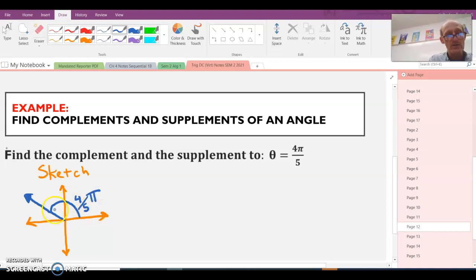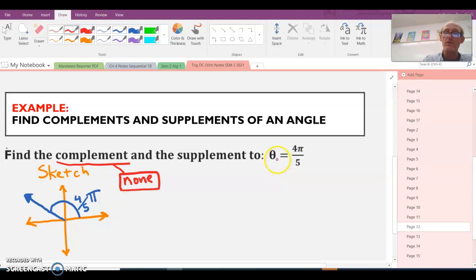Then what you do is look at the complement first. Now, complements add to 90 degrees, and this is past 90 degrees, or past pi over 2. So we have to recognize that the complement is none in this problem. There is no complement, basically.